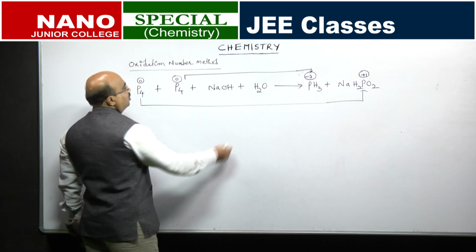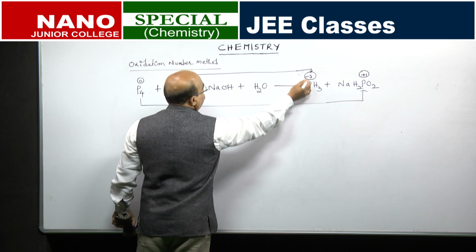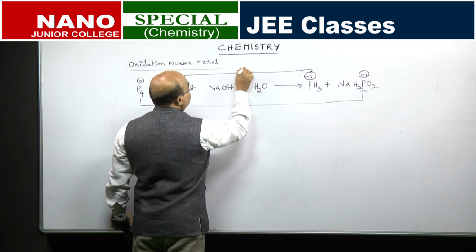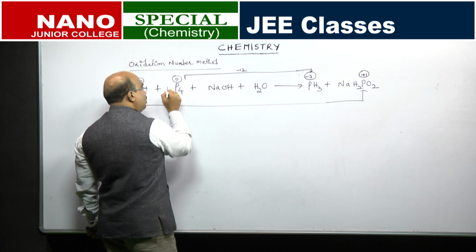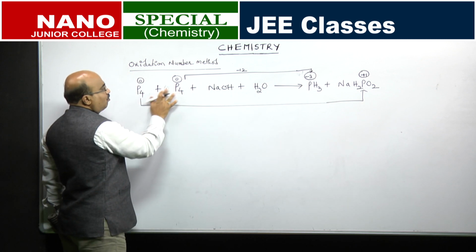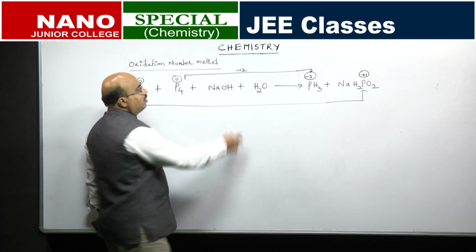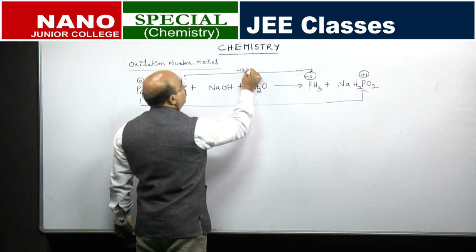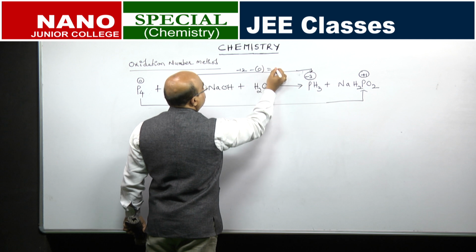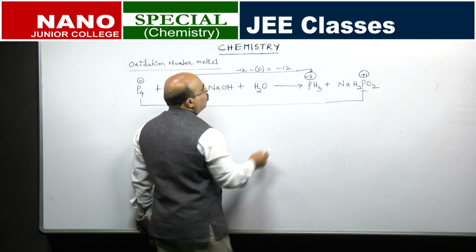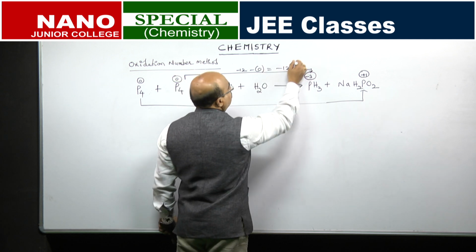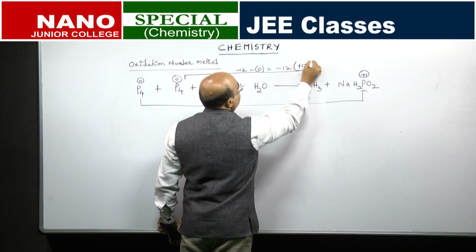So, here the total charge should become -12, because for 1 we are actually measuring; there are 4 phosphorus here in this. So, this is -12 minus 0. -12 means 12 units are decreasing, means 12 electrons are gained.